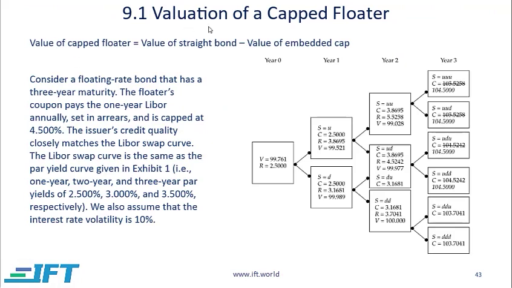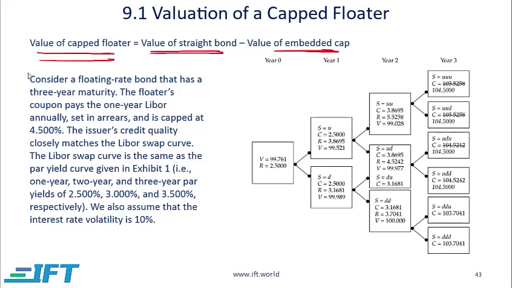Now let's look at the valuation of a capped floater. First, the value of a capped floater is equal to the value of an otherwise similar straight bond minus the value of the embedded cap. This minus should remind you of an embedded call option. There also we subtracted because the embedded call option is not good for the bondholder.